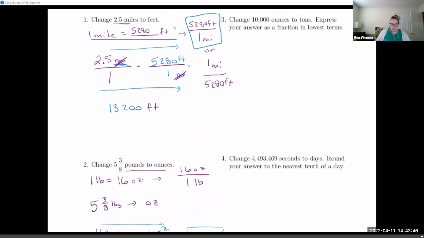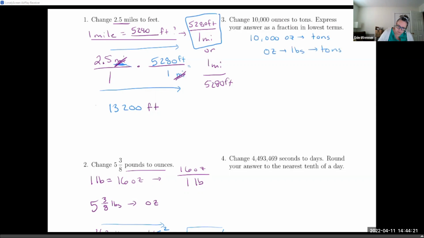So number 3 says change 10,000 ounces to tons and express your answer as a fraction in lowest terms. So in order to convert 10,000 ounces to tons, we need to first convert from ounces to pounds, and then from pounds to tons.